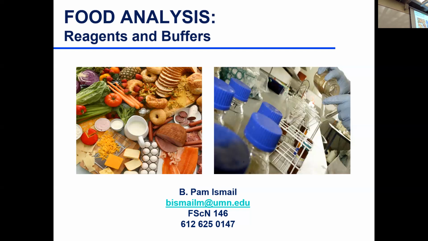How do we convert molarity to normality? This is all important. How do we dilute? How do we prepare a buffer? This is going to be in your career somewhere along the line, unless you do something completely different. But it's good to know how to prepare reagents and buffers and dilutions and all of that. So a lot of calculations go into that, and we'll have a lot of practice.